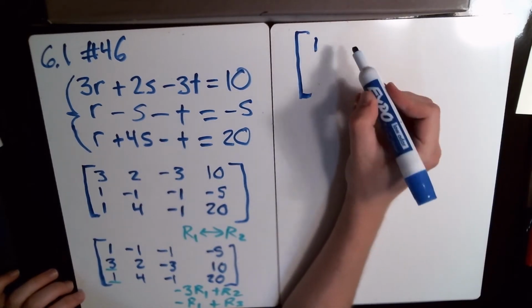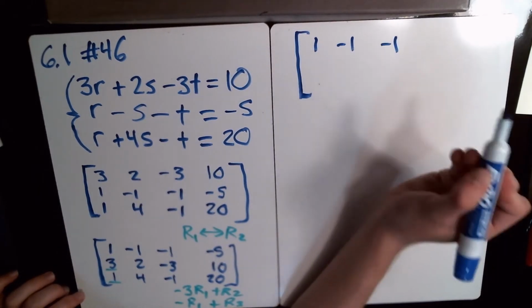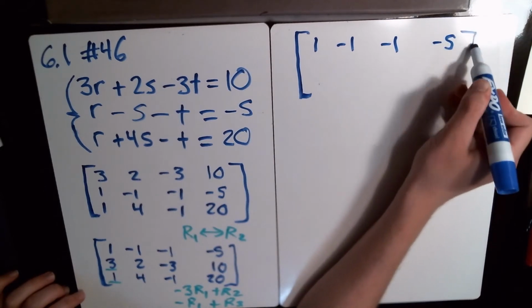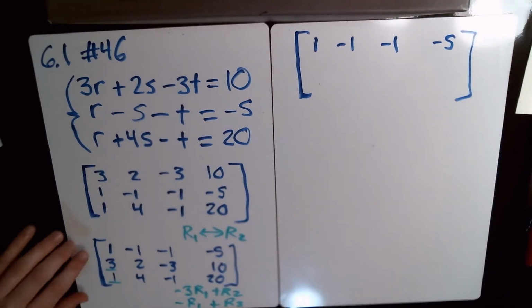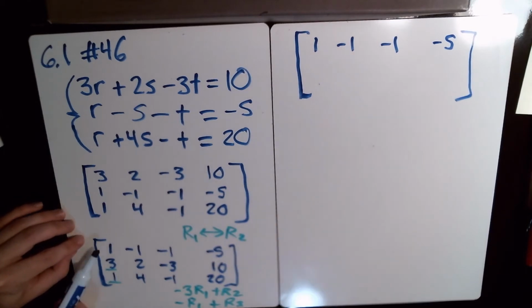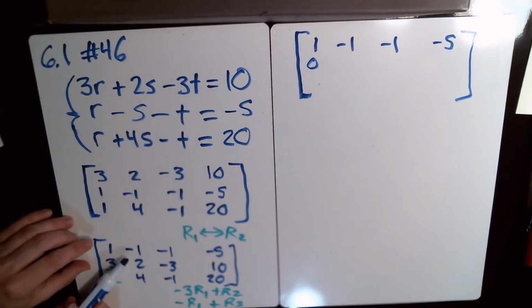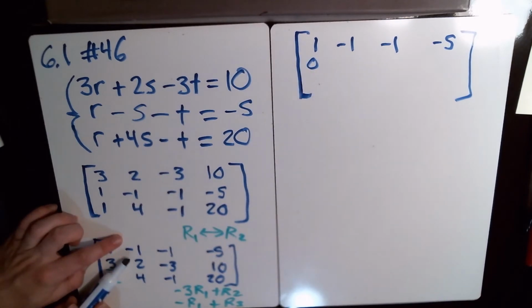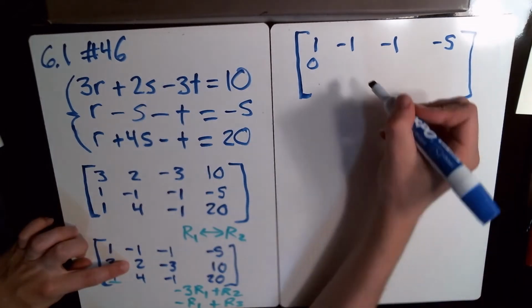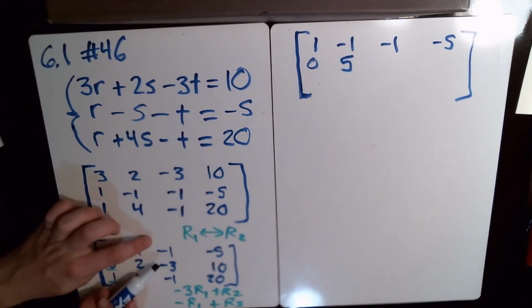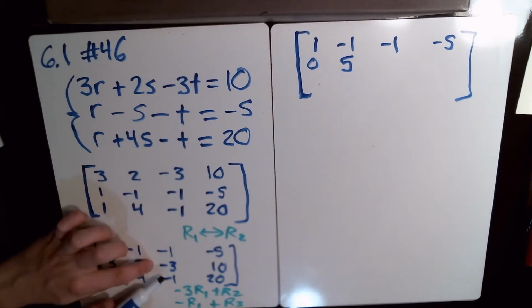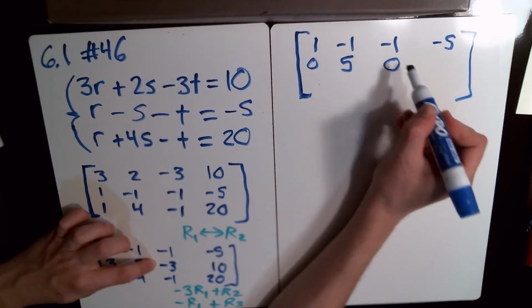Okay, so the first row isn't going to change. But then we were doing -3 times 1 is -3, plus 3 is 0, just like what we wanted. -3 times -1 is 3, plus 2 is 5. -3 times -1 is +3, plus -3 is 0.